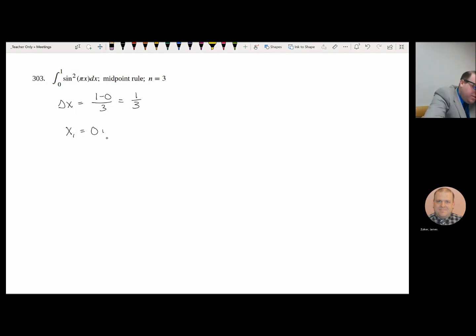I'm sorry, not 0 plus 1/3. It's the midpoint. So it's a plus 1 minus a half times delta x. That's 1/6.